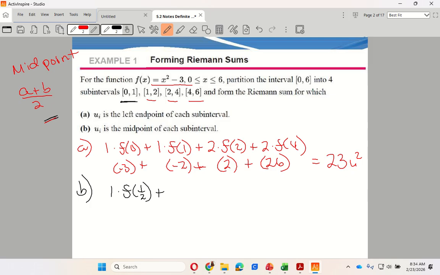There we go. Next one, delta x. What's my delta x? 1 times f of, so right here it is 1 plus 2 is 3. 3 divided by 2 is 1.5 or 3 over 2. I like leaving it as improper fractions because fractions are easier to square and to do all kinds of other stuff.